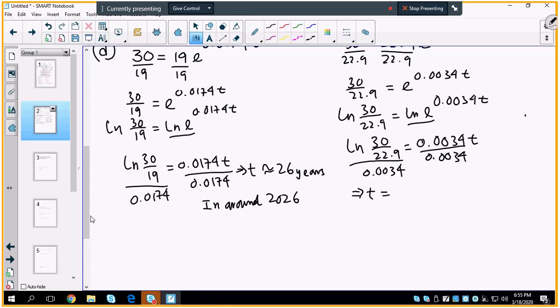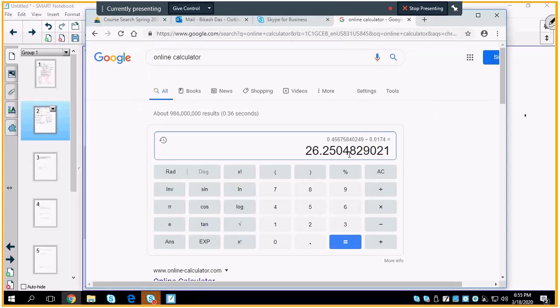I will do 30 over 22.9 first, and then take the natural log of this answer. And finally, I divide it by the rate of growth, which is 0.0034, and round to the nearest whole number.